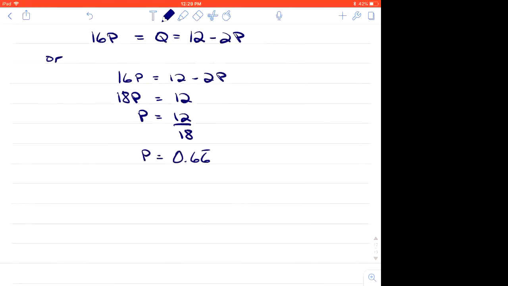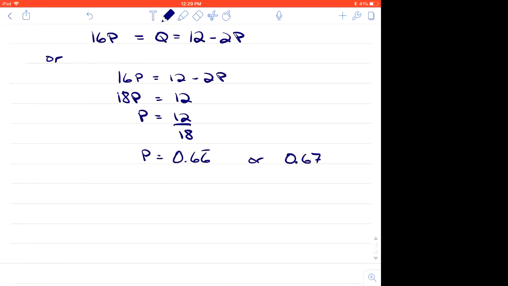So we only need 2 decimal places. So, 0.67. Could have kept it. You can leave it as a fraction, yeah. I don't like dealing with fractions, but yeah, it's more accurate.